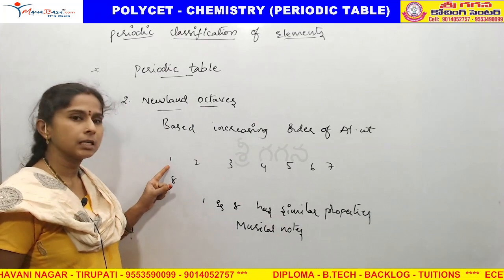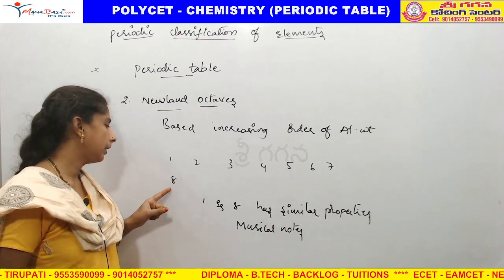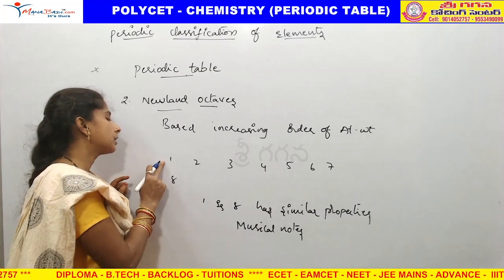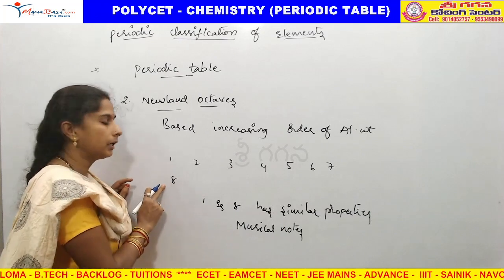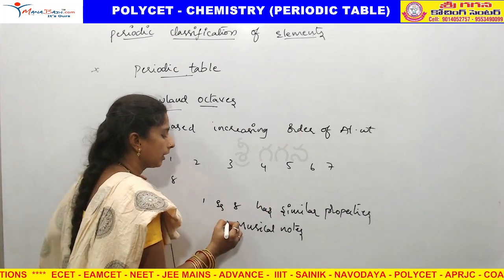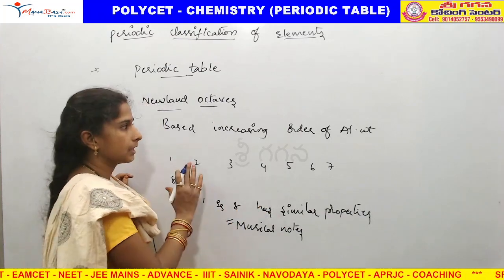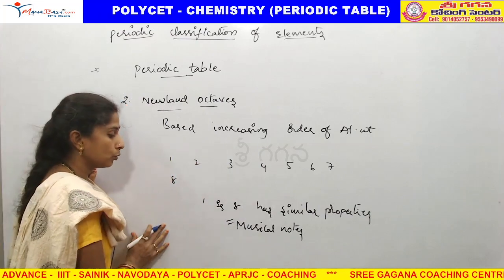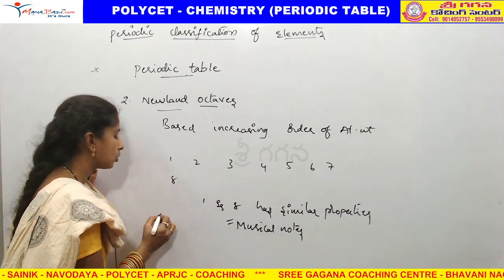It starts with sa, and the eighth note is also sa. Similarly, the first element and eighth element have similar properties. He arranged the elements based on this rule, but it also failed.